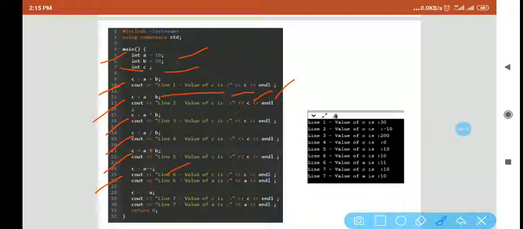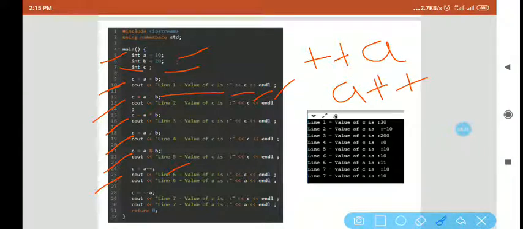In increment there are two types, pre increment and post increment. Suppose you write plus plus a, then it is called a pre increment, and if you write a plus plus, then this is the post increment operator. In the first example I have taken a post increment, and in the second example I have taken a pre increment.